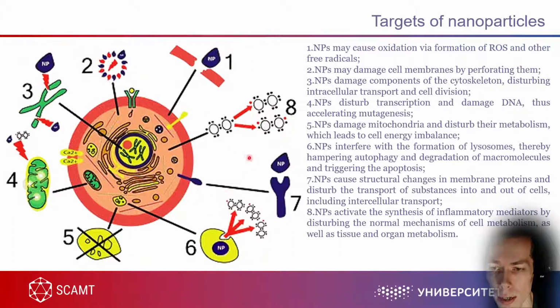A lot of things can happen, and since a lot of things can happen, you need some instruments to assess this damage. In case of cell membrane damage, in case of interaction of nanoparticles with mitochondria, in case nanoparticles damage DNA or RNA, you need a lot of instruments, a lot of approaches to understand what really happened to your cell when nanoparticles accumulate inside.